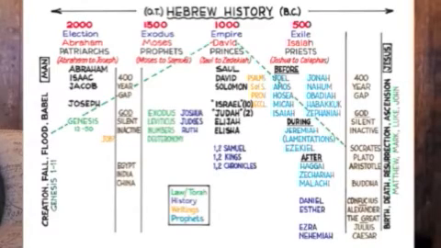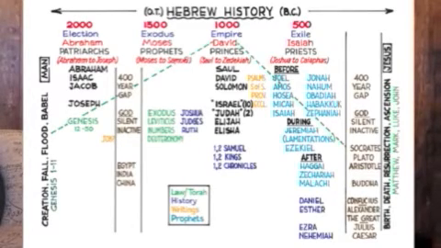Then you have the time of David and the empire, and you have the books that are linked to it, the books of Samuel, Kings, and Chronicles. And also in that period, you have the poetry books such as Psalms, Song of Songs, Proverbs, and Ecclesiastes, written during that period of time as well. And we also have, like we said, the time of the prophets. You have the prophets Elijah and Elisha.